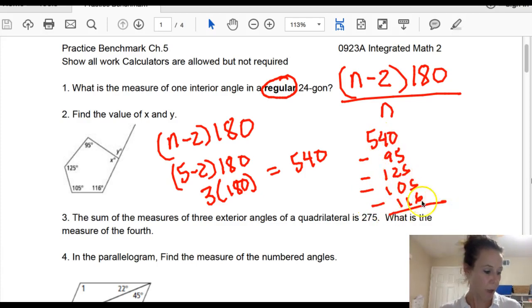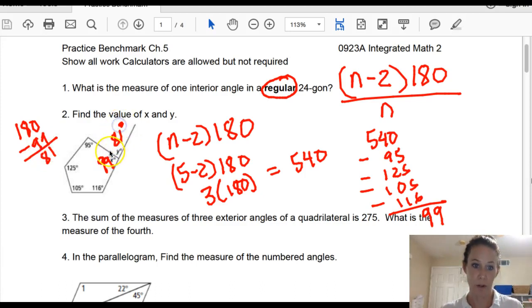And when I do all that work, I'm going to come out with 99. So angle x will be 99. And then I can find angle y because this is a line and these will be supplementary. I'm just going to go 180 minus 99. And that should give me 81. So angle y will be 81 degrees.